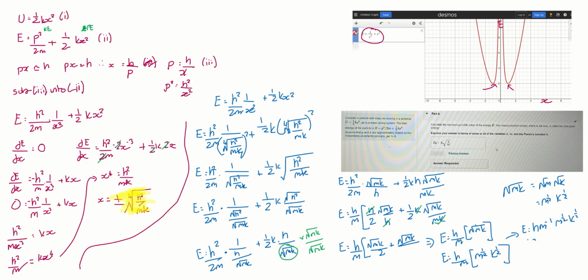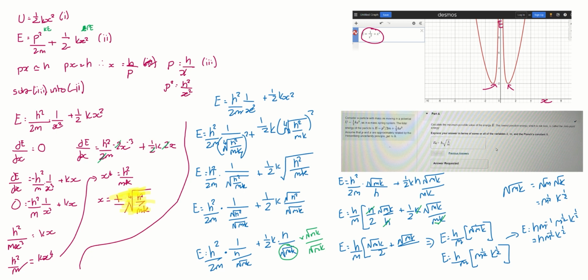So we've got, okay, so that equals, well, m to the minus 1 plus m to the half is going to be, well, that's going to equal h m to the half. And that's just k to the half. I think we're almost there. Let's just double check. No, minus a half. Oh, naughty, naughty.